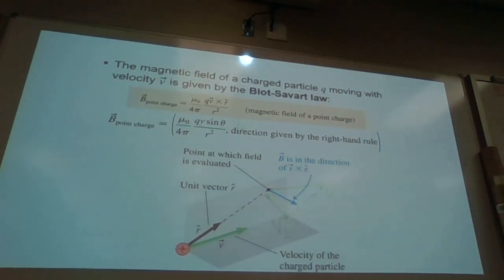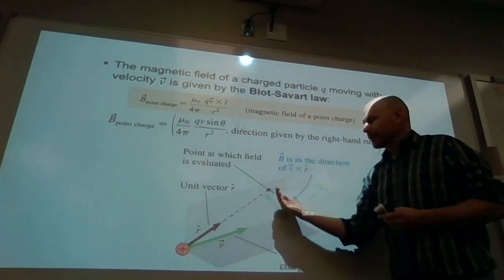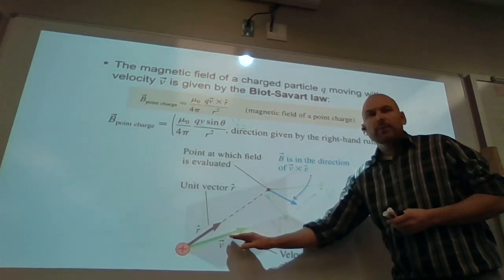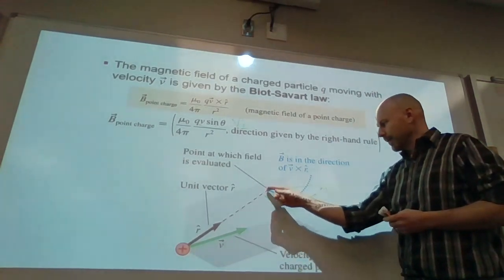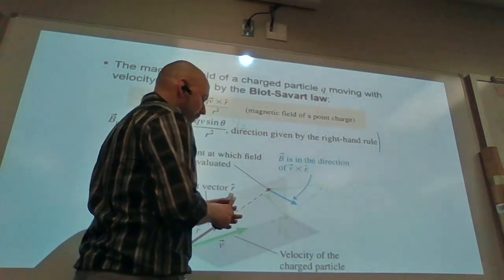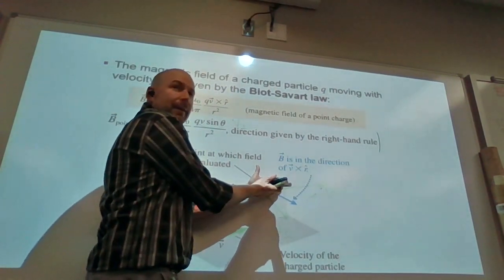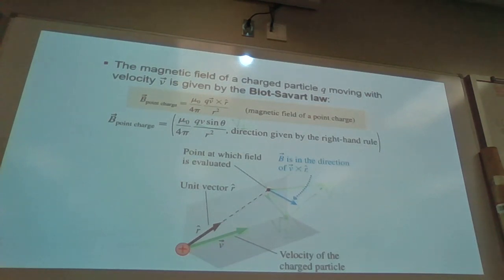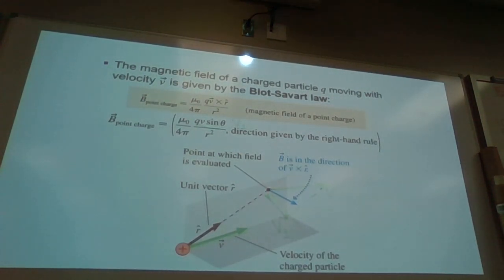Then because it's a cross product, you have to do the right hand rule. It's orthogonal to this plane of the radius and the velocity vector. So it's coming out three-dimensionally. Here's the plane, it's coming out like that. That's the magnetic field that's created by a single charged particle.